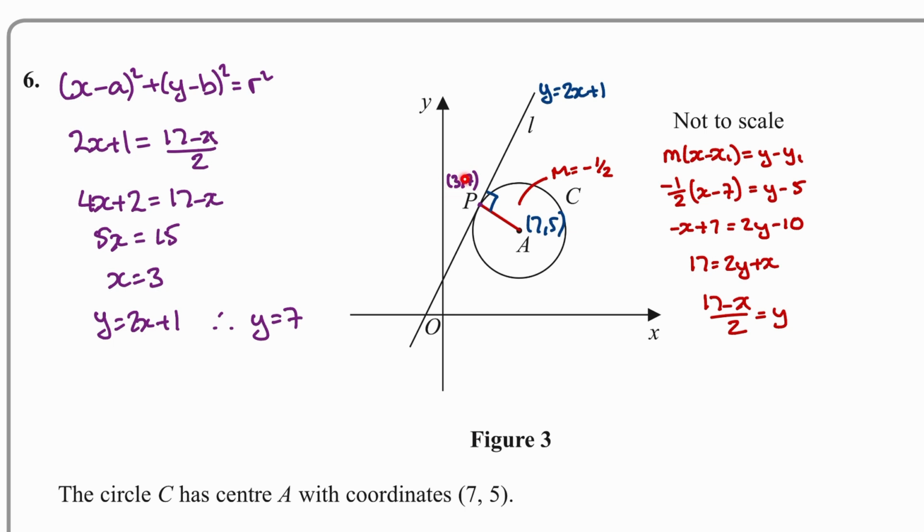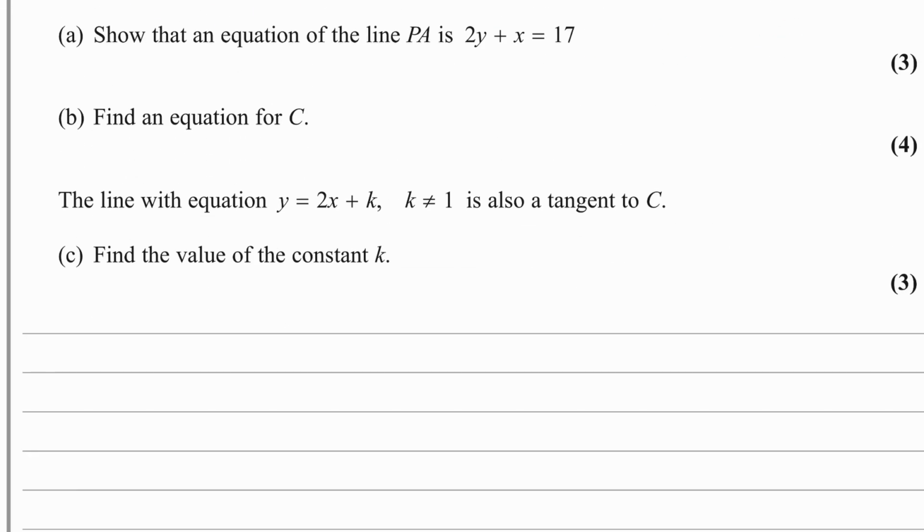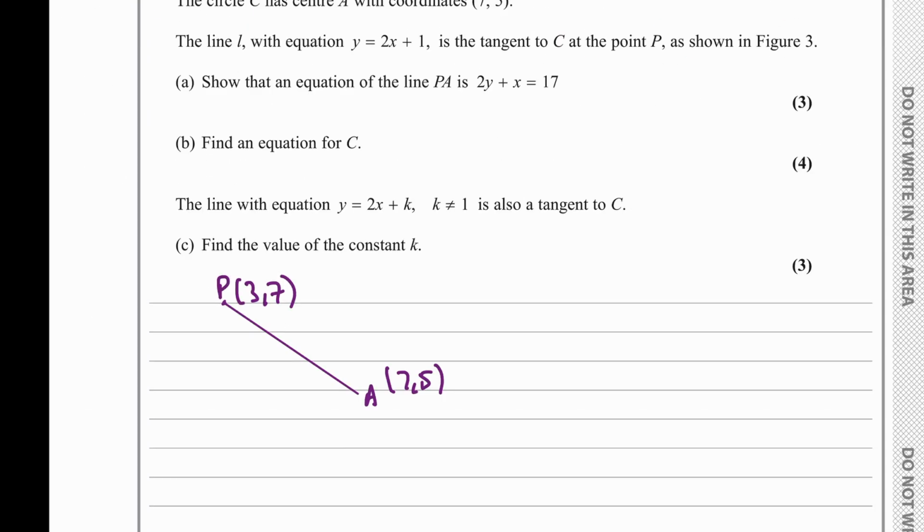And now we've got the 2 coordinate points, we can use Pythagoras to work out PA. So we'll make it into a right-angled triangle. From 3 to 7, we've got a distance of 4. And from 5 to 7, we've got a distance of 2. So the hypotenuse will be the square root of 4 squared plus 2 squared, which is root 20.